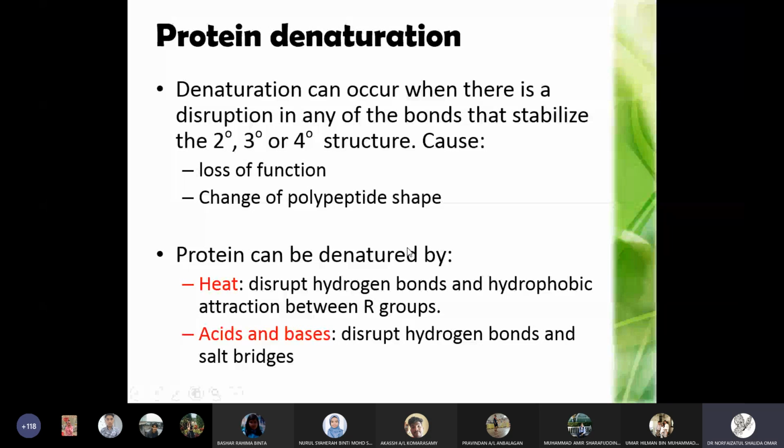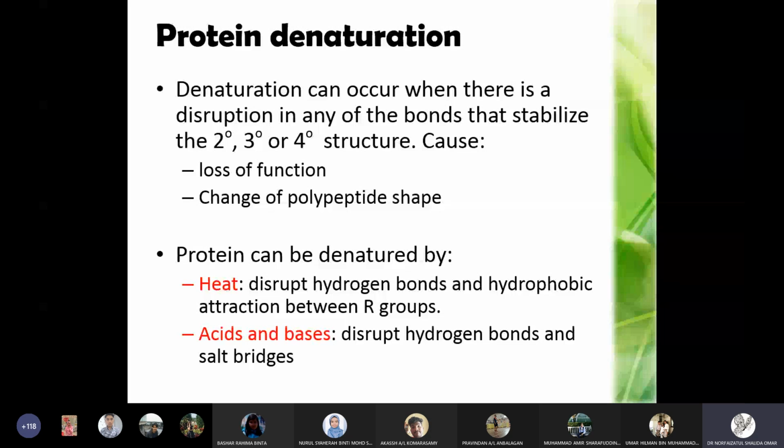It can be denatured either by heat, usually by heat, or by acids and bases. When the pH is too high or too low for the protein, for the hormones or enzyme, it will also disrupt mainly the hydrogen bonds and the salt bridges.